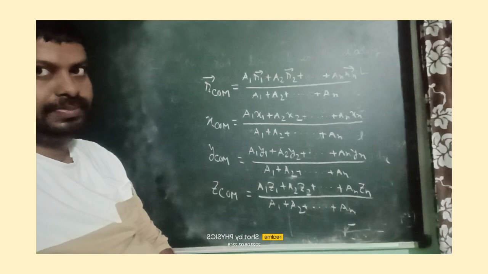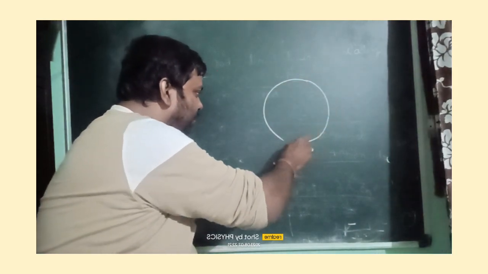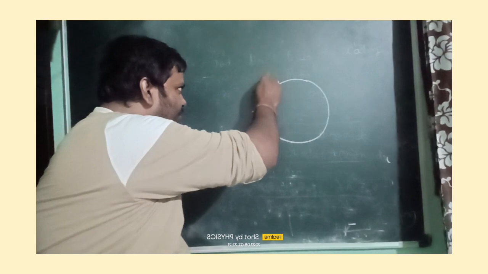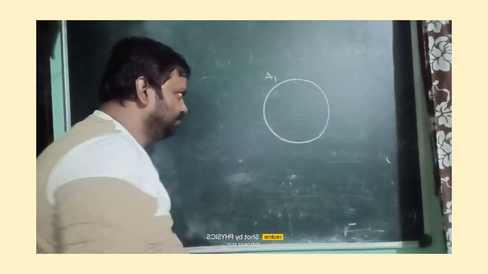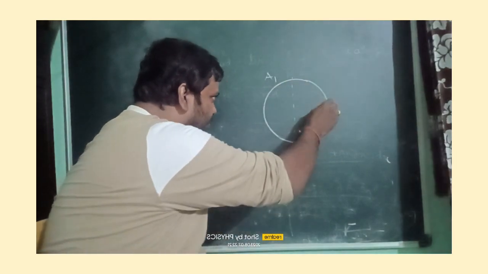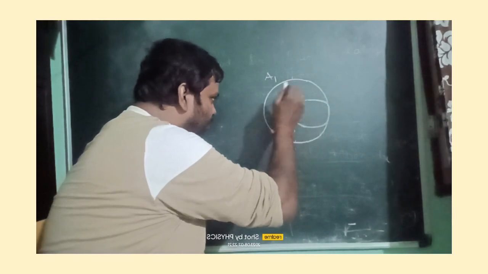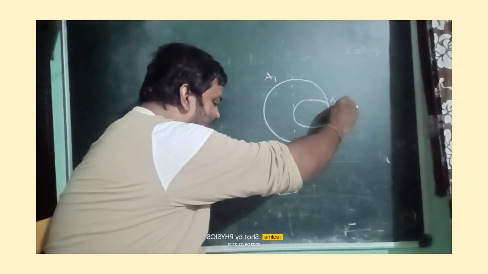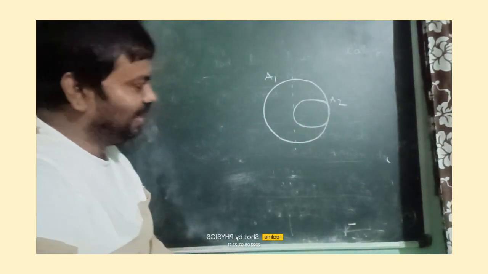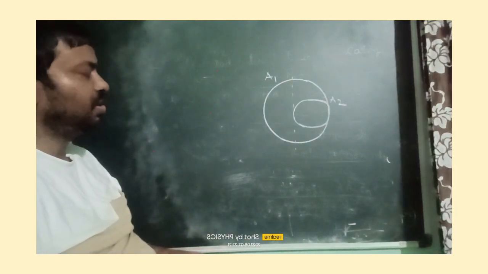Now move to another type of problem. Let us consider a rigid body, whose area is A1, and some mass has been scooped out, whose area is A2. What is the center of mass for that case?